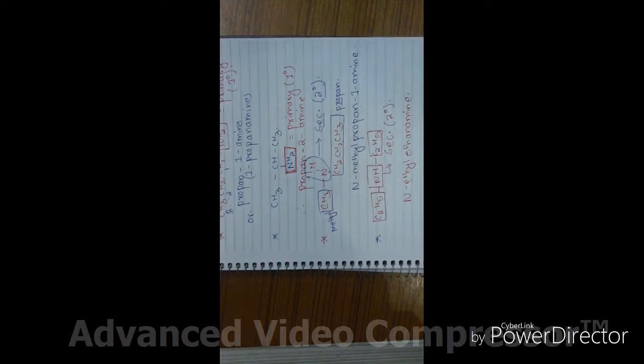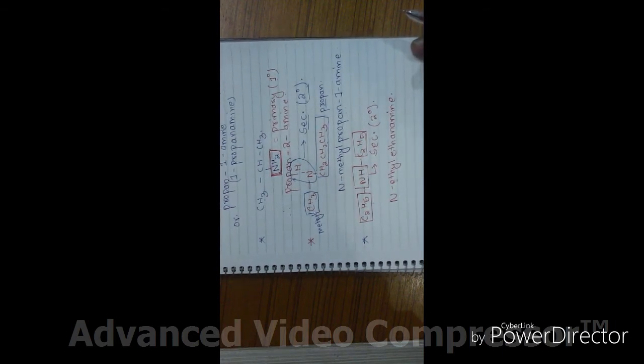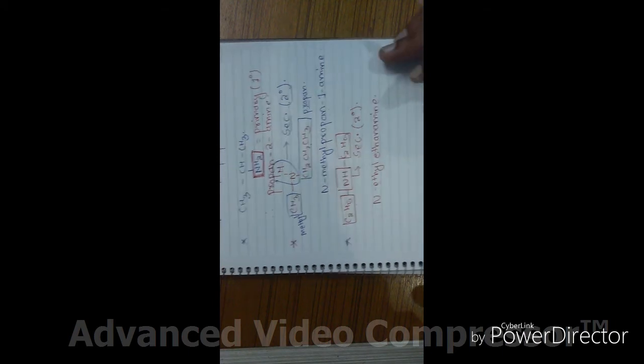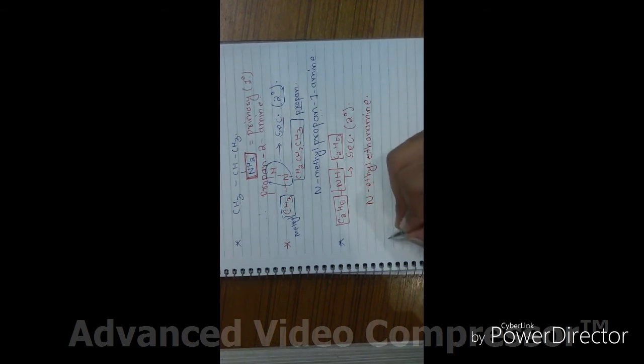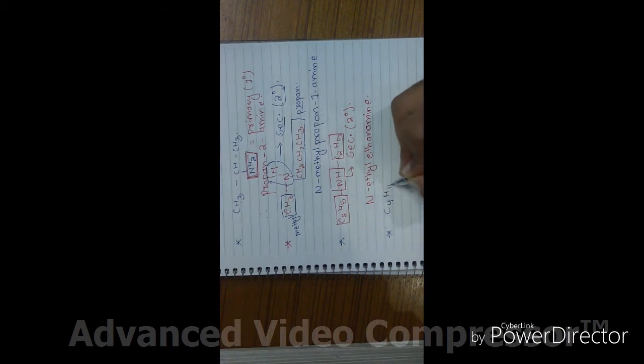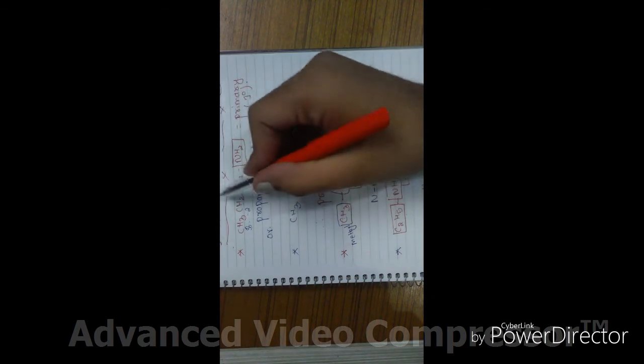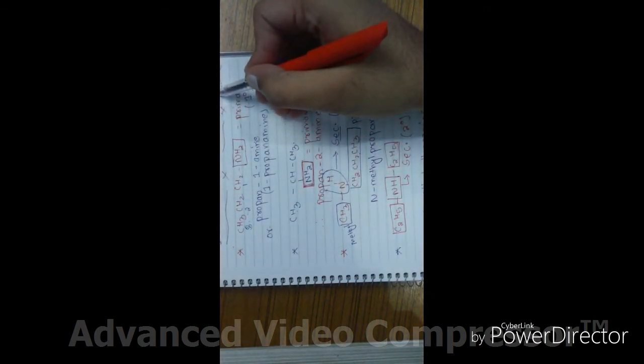So let's start calculating isomers for C4H11N. First of all, we have to know the primary form, secondary form, and tertiary form.